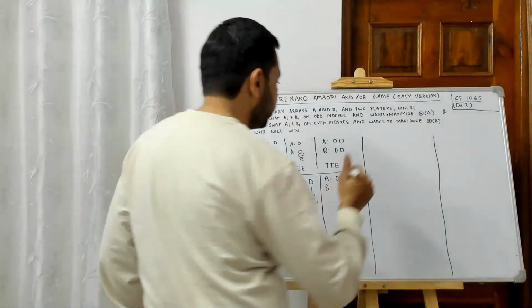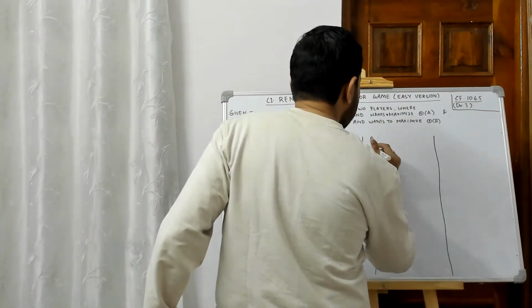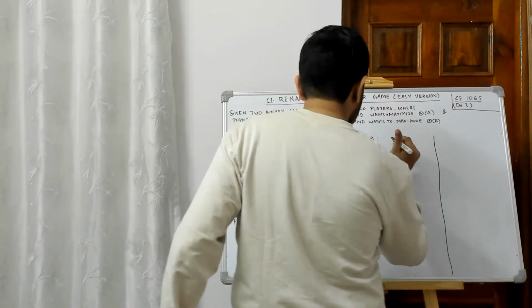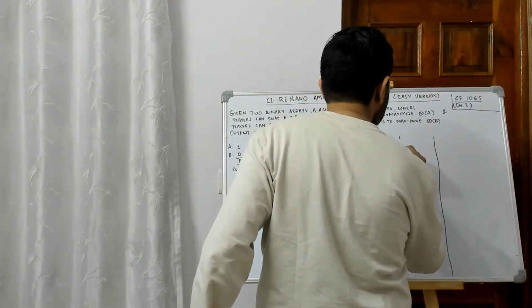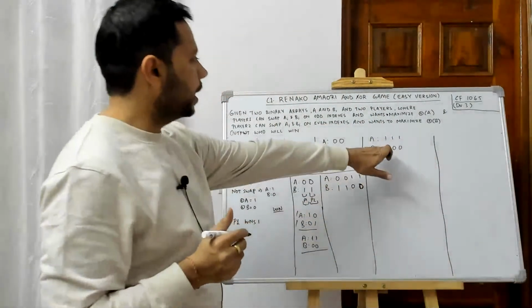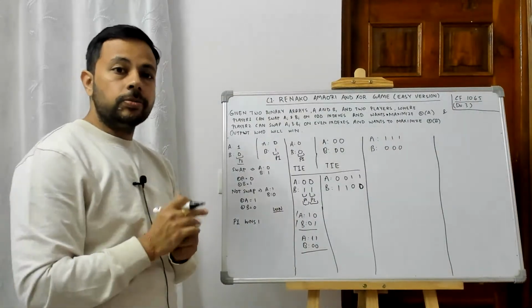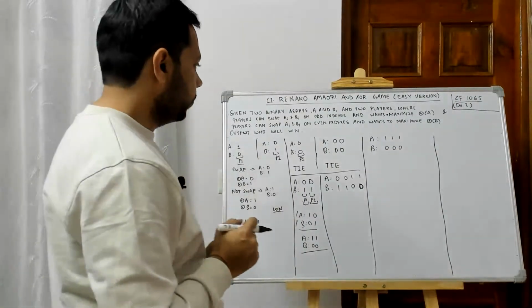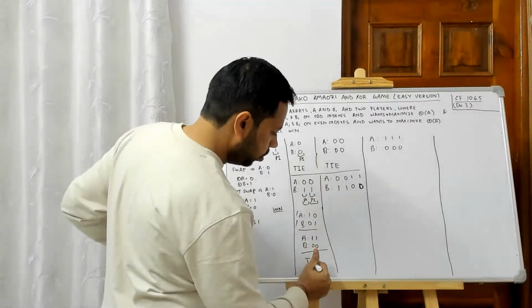I'll give you a question where it will not end up in a tie, and I will ask you to figure out who is the person that will win here. Let's say this is the example I have. Who is going to win in this case? We have seen these are the tie examples.